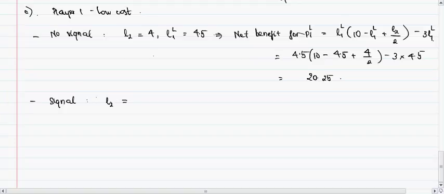So the best response function for player 2 is going to be L2 equal to (3 plus L1 low) divided by 4. Now player 2 got a signal that player 1 is a low cost person, and he is going to respond to that information.